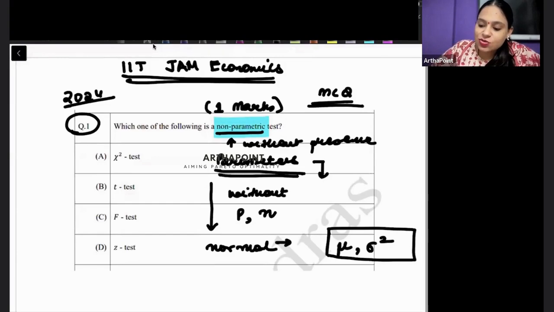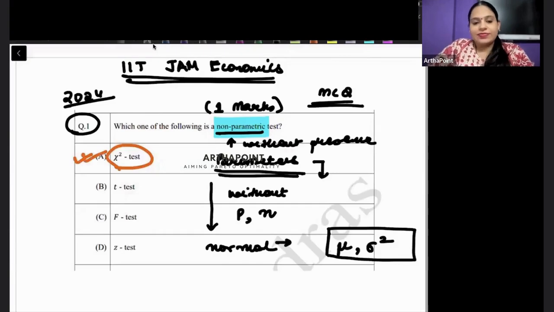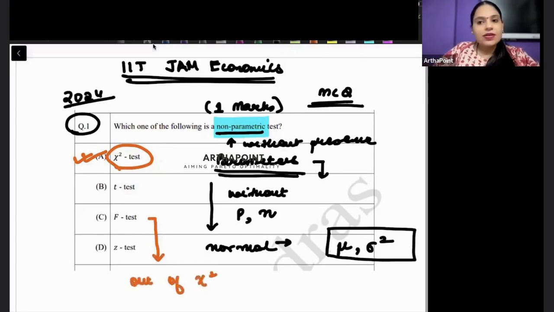The correct answer to this question should be A. But can you tell me why? Anyone? If you can please tell me why would that be true? Why A is the correct answer? Why don't we need parameters in chi-square? So if you remember, F test is created out of chi-square only, isn't it?